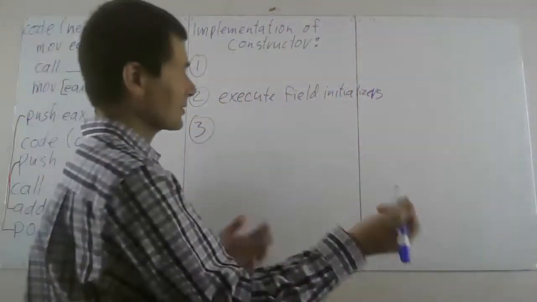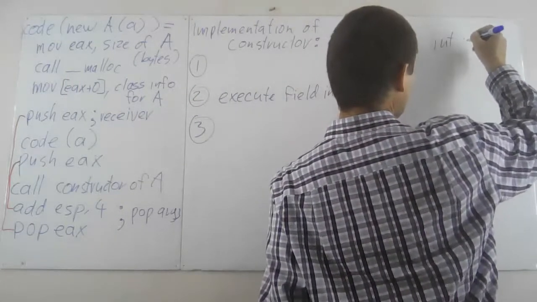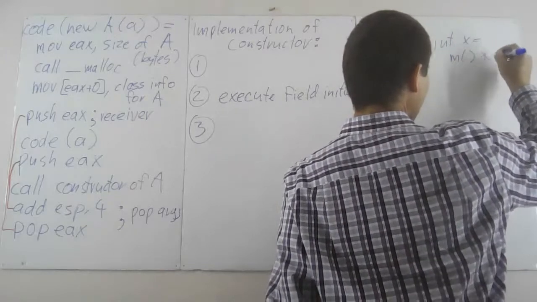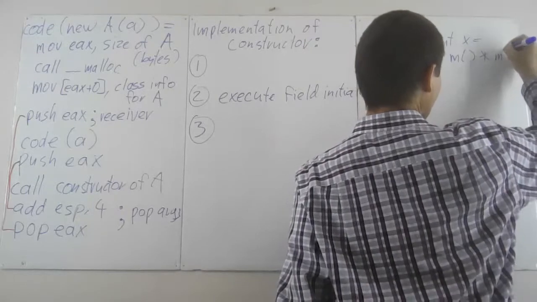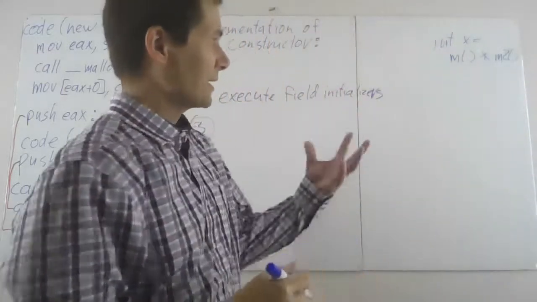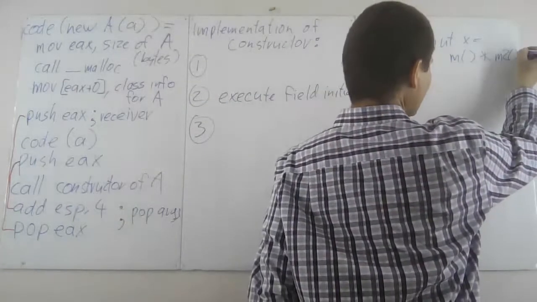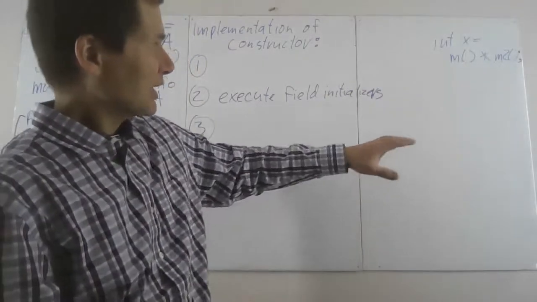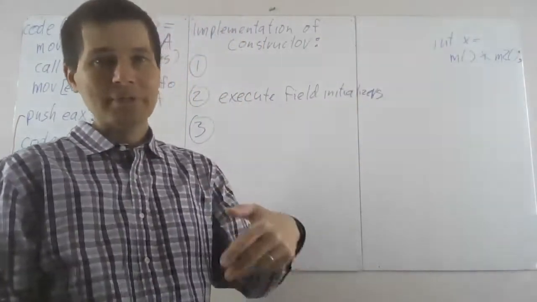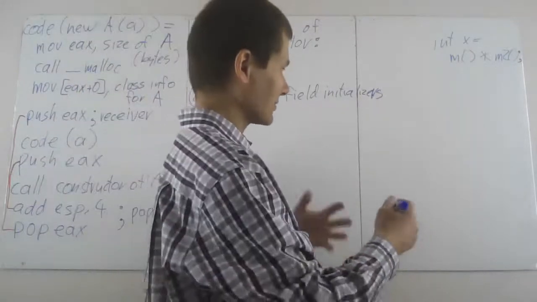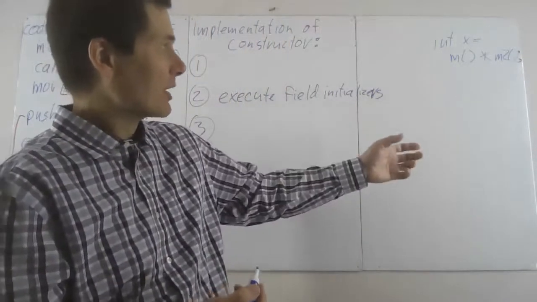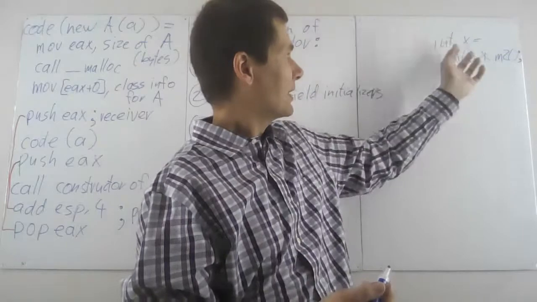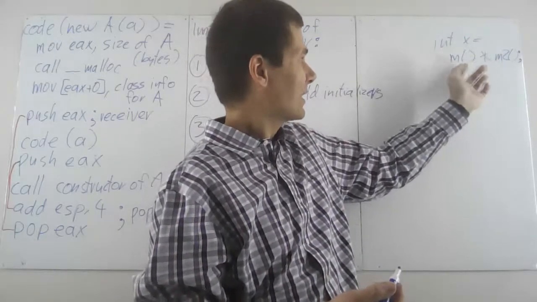So, for example, if in your class you have some expression like this, as the initializer in the declaration of X, you want to move that expression as if it happened inside the constructor. So inside the constructor, you want effectively an assignment statement that is going to assign to the field X of this.